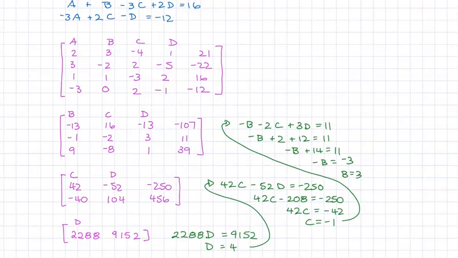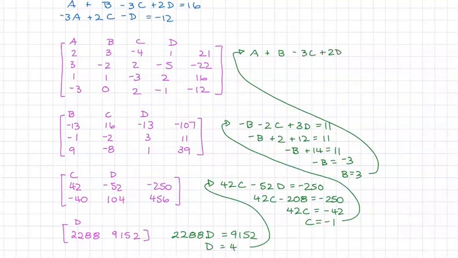And I think I'm going to go to the third line up here, the one that ends in 16. a plus b minus 3c plus 2d equals 16. So a plus b, which is 3, minus 3c, but c is negative 1. d was 4. So 6 plus 8 is 14. And a is 2. And there we go.